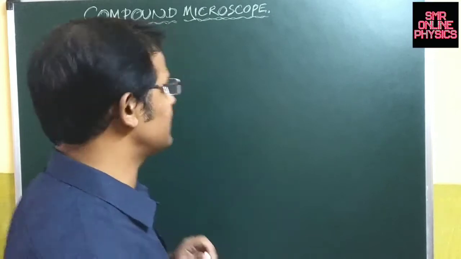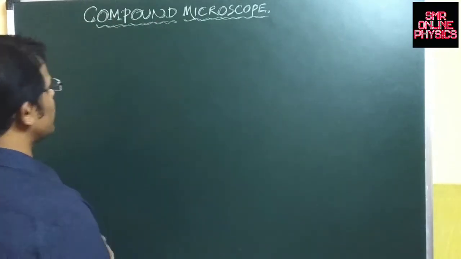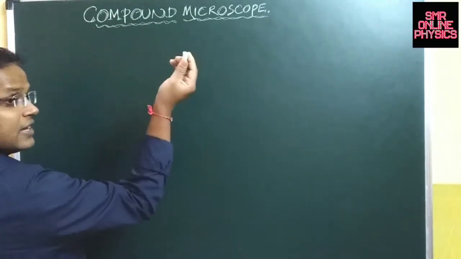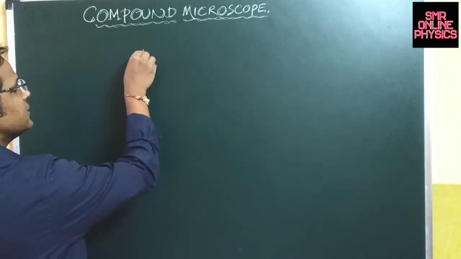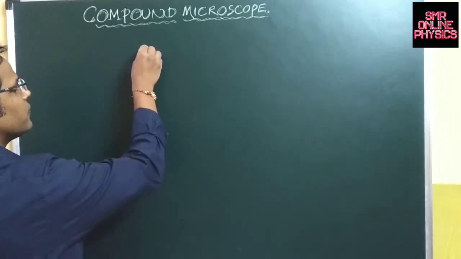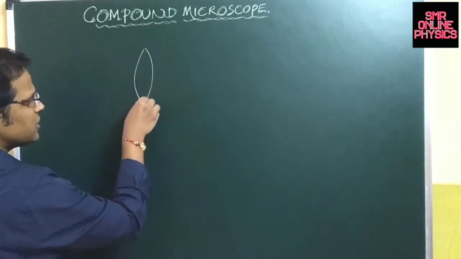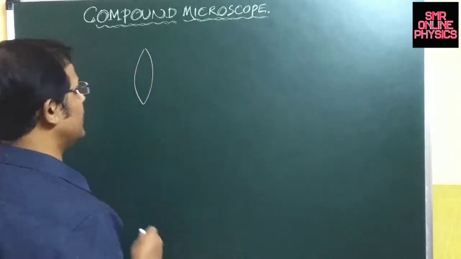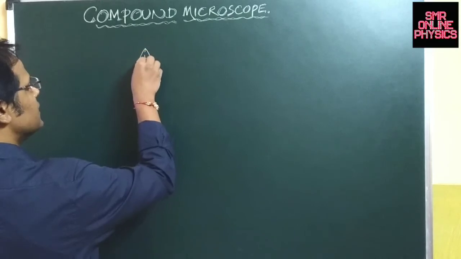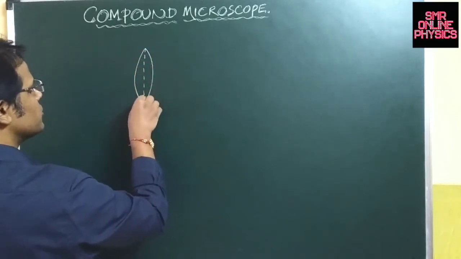Just follow the class. First of all you need a single convex lens, a convex lens of smaller aperture, smaller focal length. This is the lens which is going to be placed closer to the object.